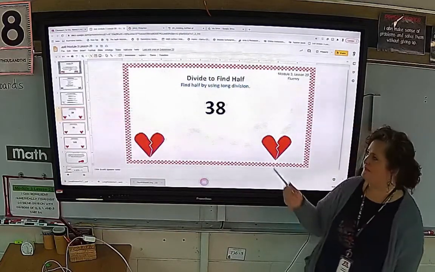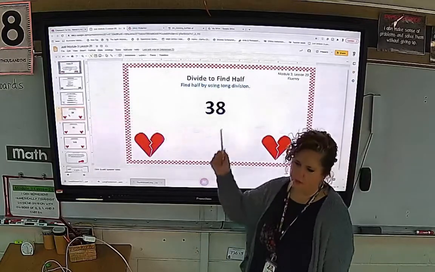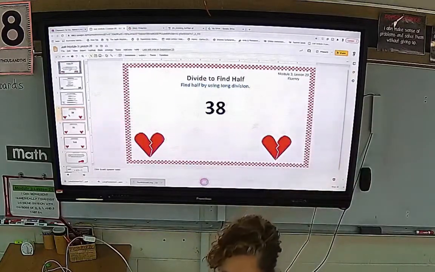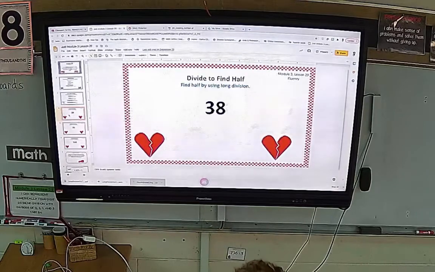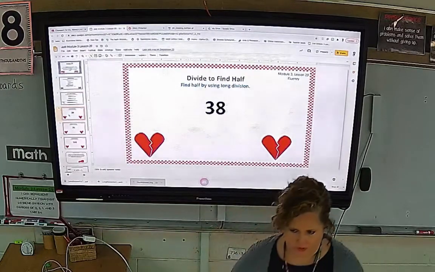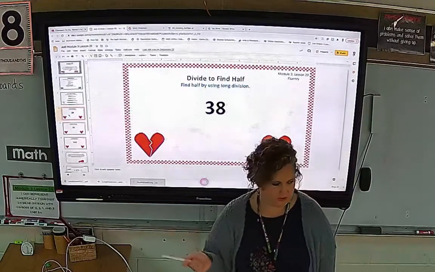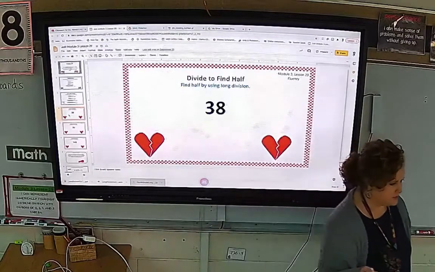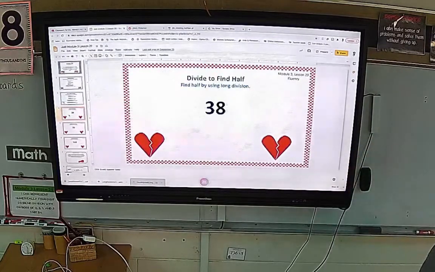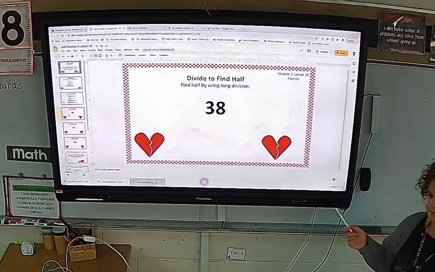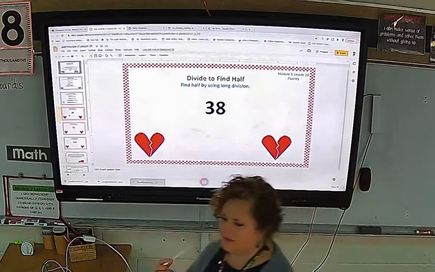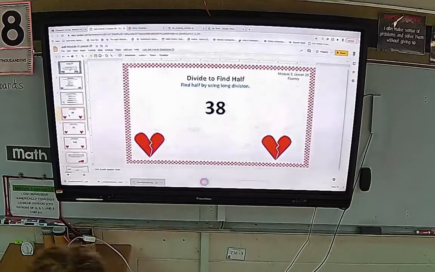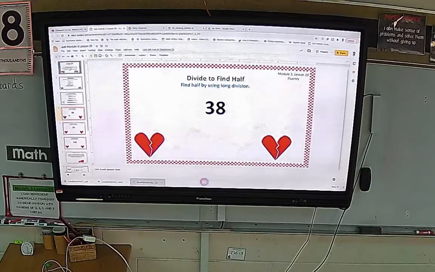Okay, so if I wanted to find half of this number with long division, can you just write on your board what that long division problem would look like? Go ahead and do that. You're going to show it to me in just a minute. What would the long division problem look like if I asked you to find half of that number with long division?